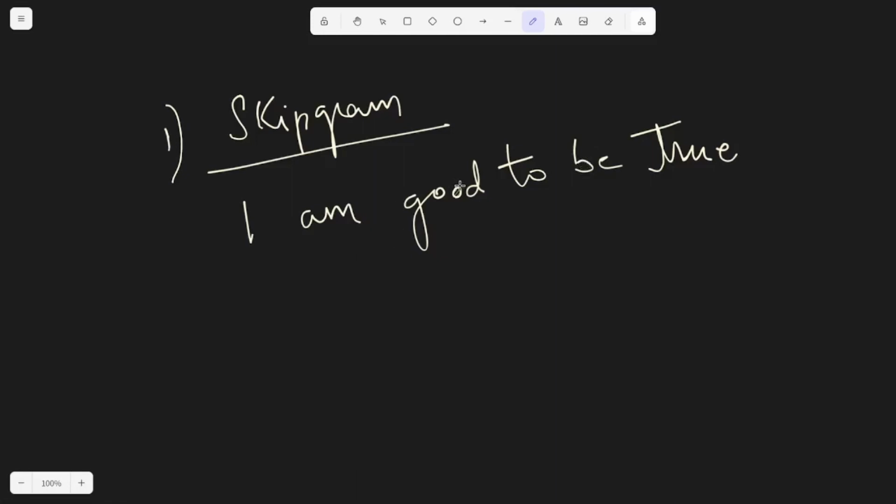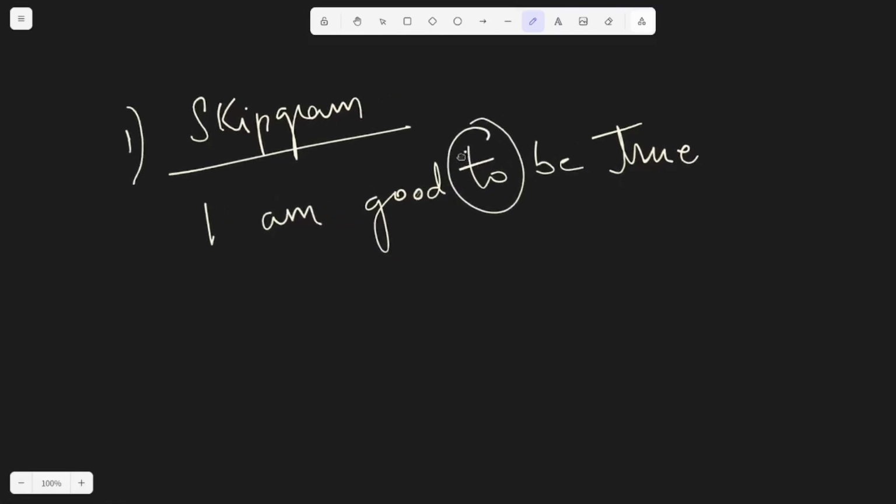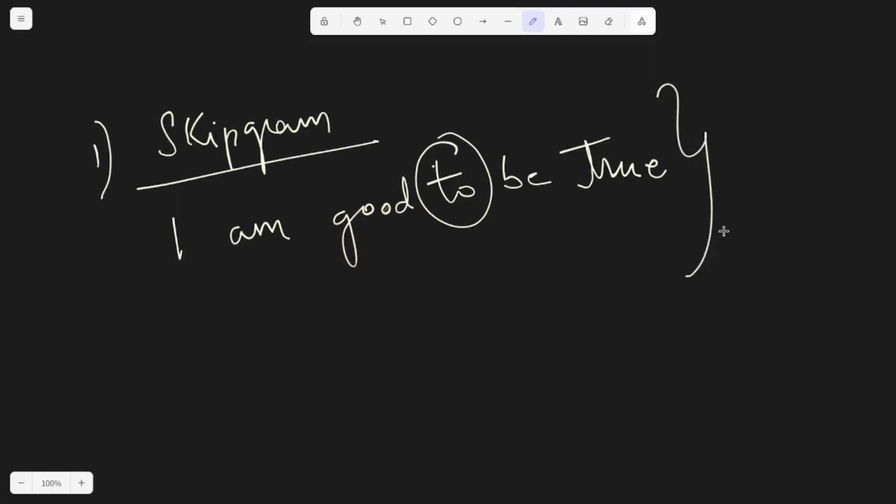What you would do is you would ideally have a target word, right? "To." And in Skipgram, for any sentence, you have a target word and you basically ask the neural network to predict the context around it.